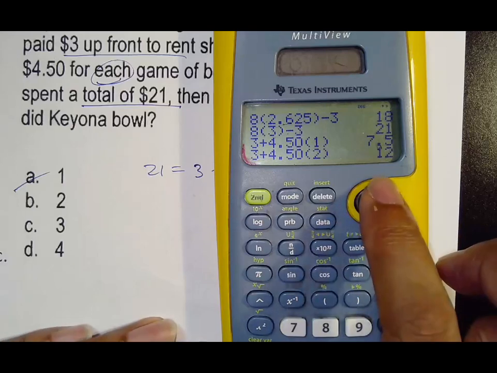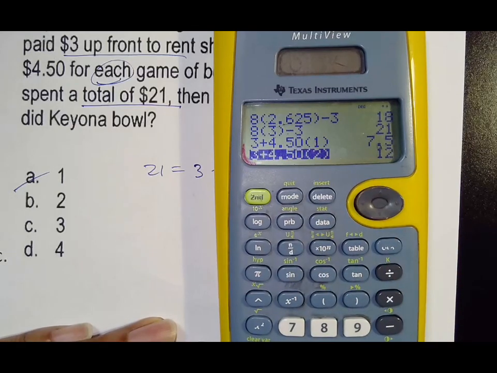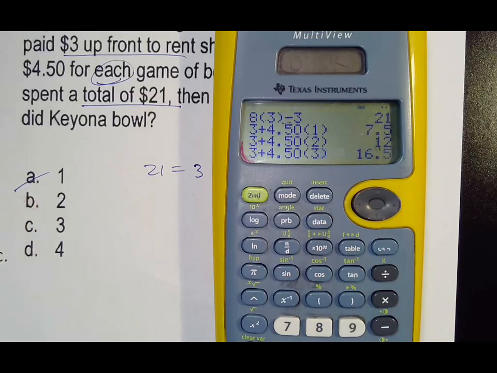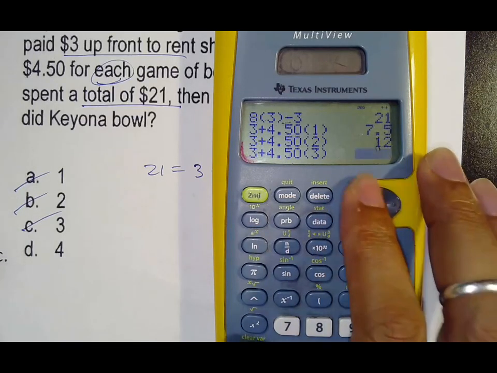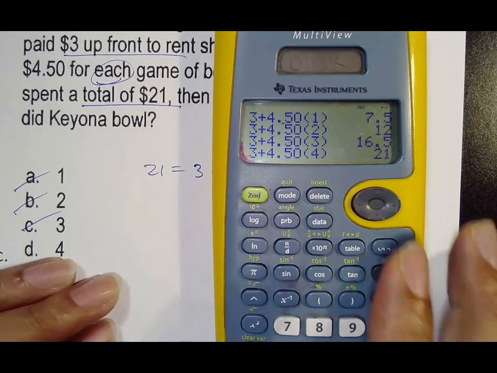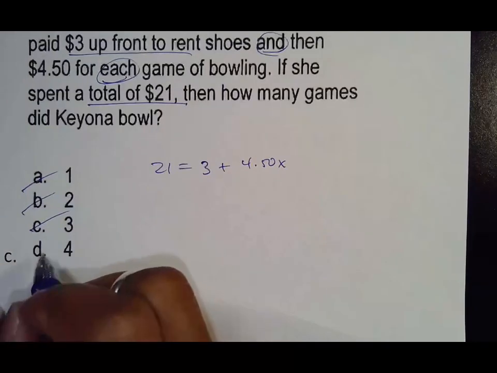No. So guess what? Now I can highlight, hit enter, back up to that 2, turn it into a 3. That's still not it, which obviously means the answer has to be 4, because again, 1 wasn't the answer, 2 wasn't the answer, 3 wasn't the answer. But just to prove it, go up, highlight it, go back, hit the 4. There's your 21, and that's what we're looking for.